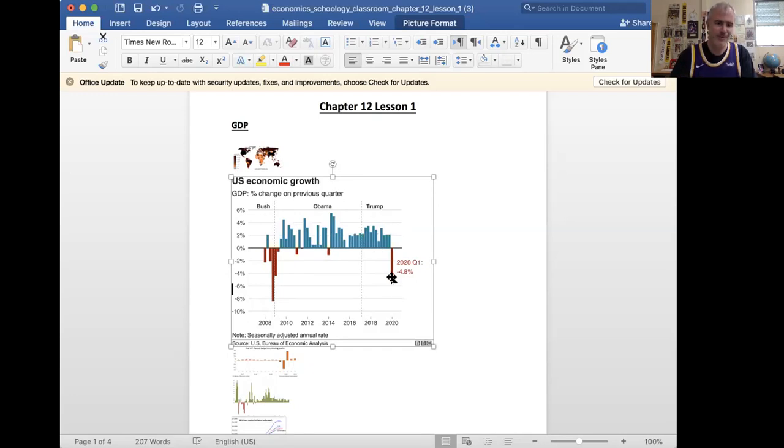Now, we don't blame Trump for this. This is the coronavirus. This is an emergency. We know what we've been through and what thankfully we're getting out of. Just as we don't blame Obama for this. This was the Great Recession, and it didn't happen during his time. It happened before, and he dealt with the results. Was this Bush's fault?